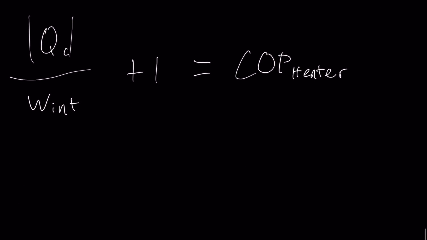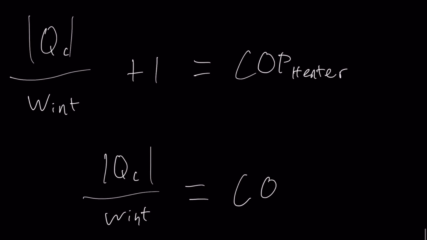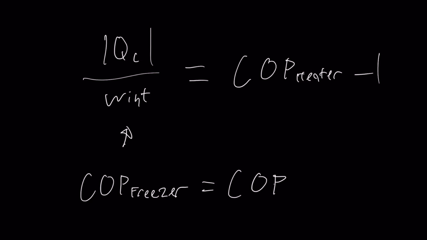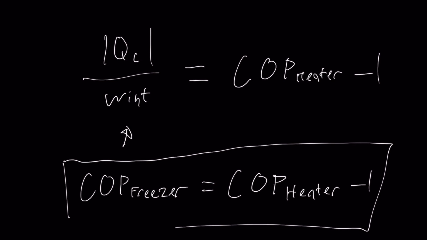Well, now we can solve. We can say that this term equals coefficient of performance of the heater minus 1. And if you remember, this guy just equals the coefficient of performance for the freezer. And then to completely solve, we now have the coefficient of performance for the heater minus 1 equals the coefficient of performance for the freezer.